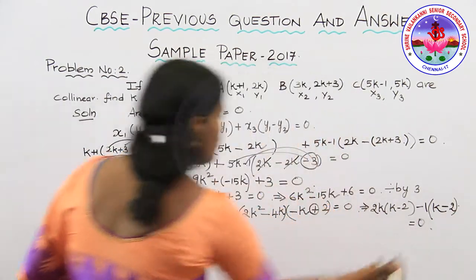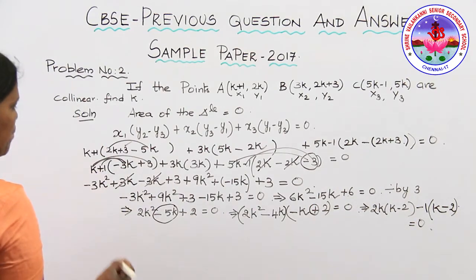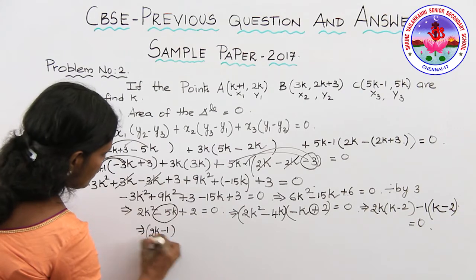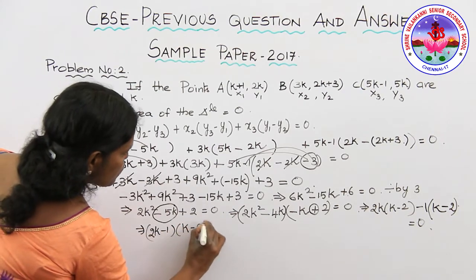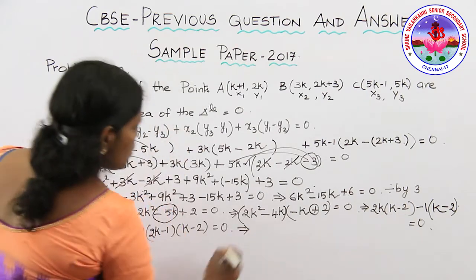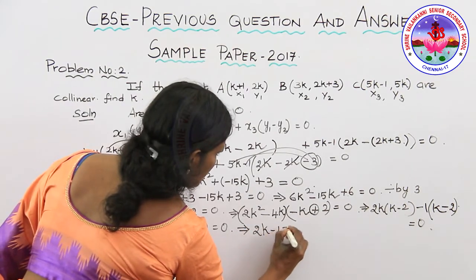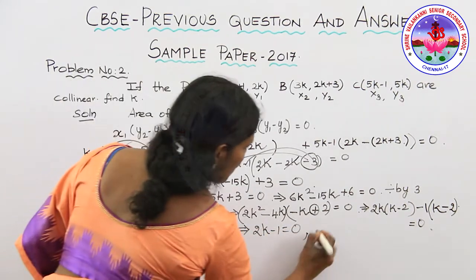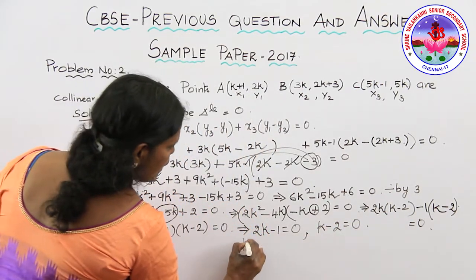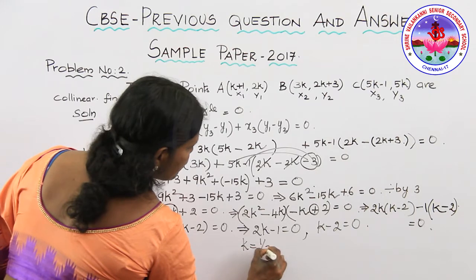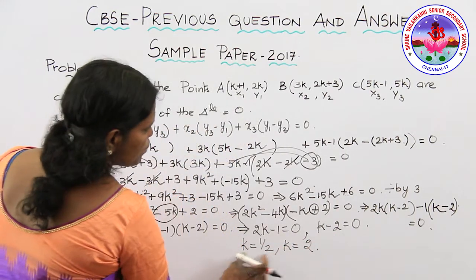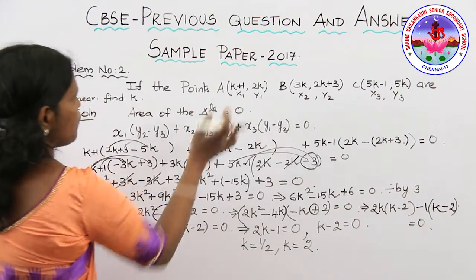So which is equal to 0. So this I am writing further as 2k minus 1 into k minus 2 which is equal to 0. So 2k minus 1 is equal to 0, k minus 2 is equal to 0. Hence I get k is equal to half, and k is equal to 2. So I got 2 roots for the k value.